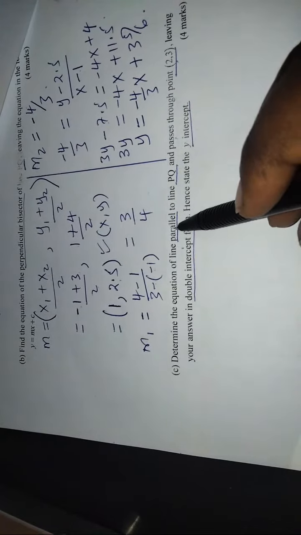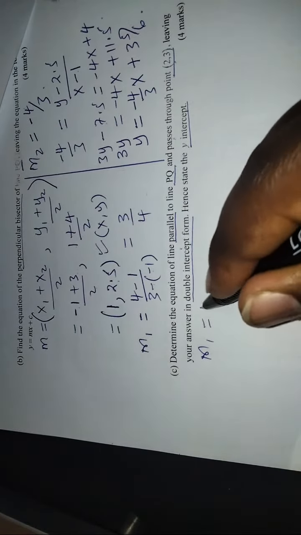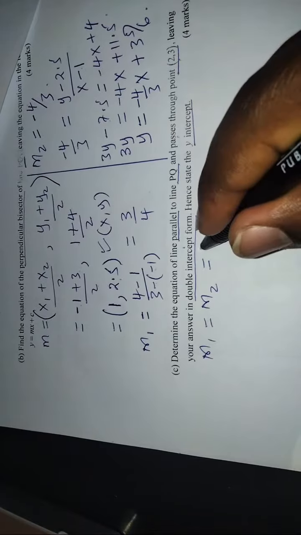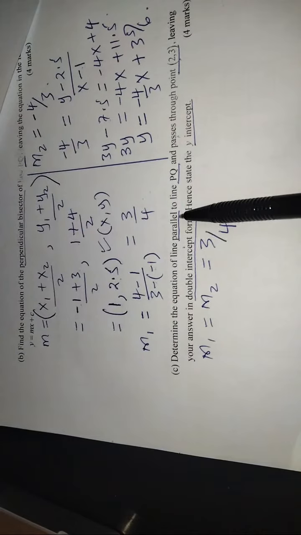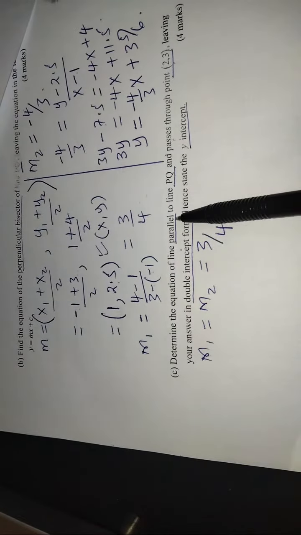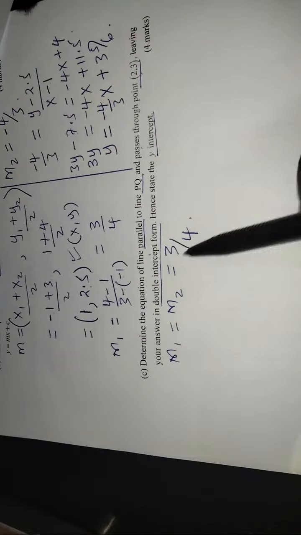Now that we are talking of parallel lines, it should be known that for parallel lines, the first gradient should be equal to the next gradient. So the gradient of PQ, which had already been obtained as 3/4, should also be the gradient for this other line. Parallel lines will have equal gradients. So now we have the gradient and a point where the line passes.